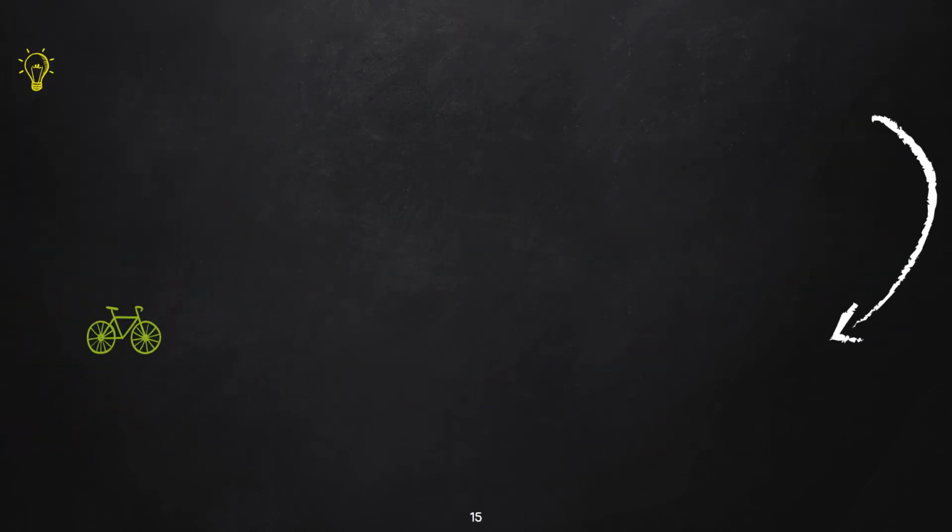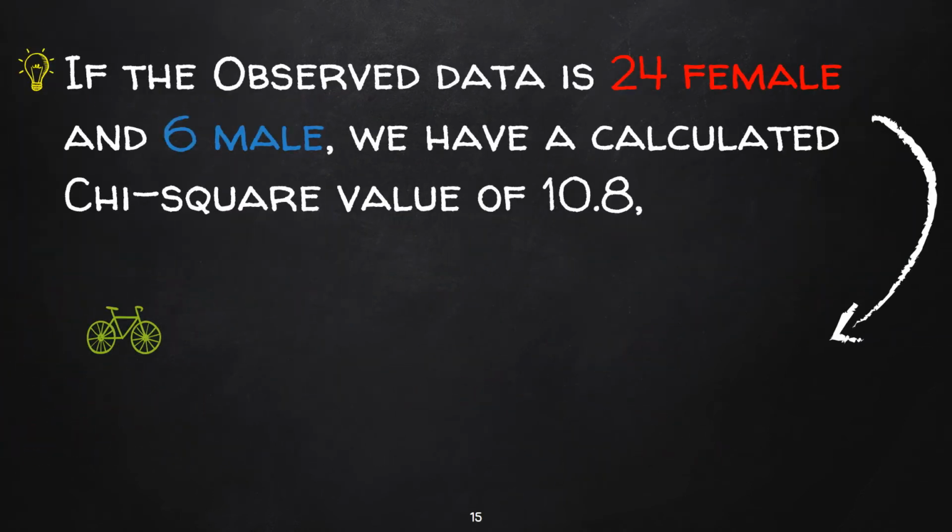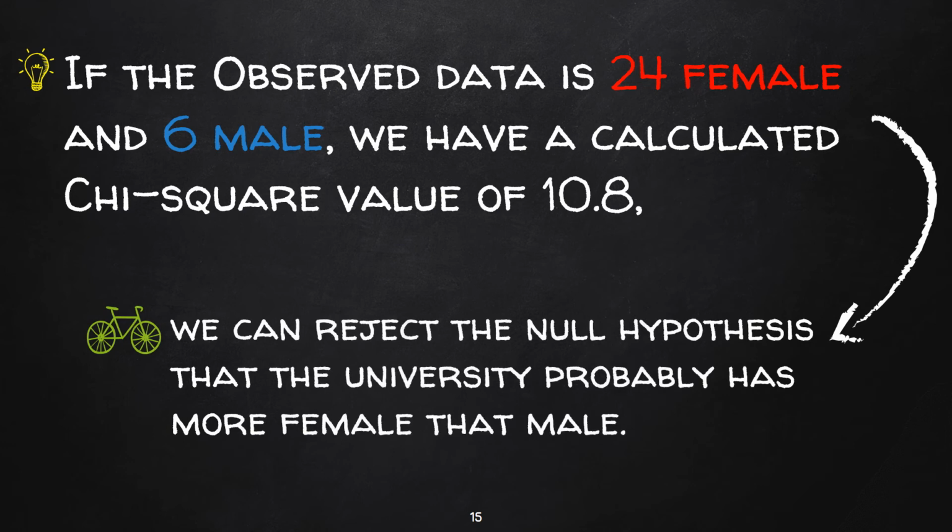If, however, we had collected data of 24 females and 6 males, we have a calculated chi-square value of 10.8, which is greater than the significant value of 3.84 and corresponds to an area of the table associated with a probability value that is less than 5%. And by that, we can reject the null hypothesis, so the university probably has more females than males.